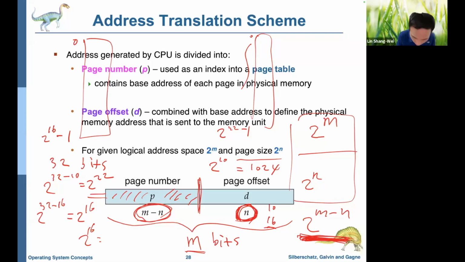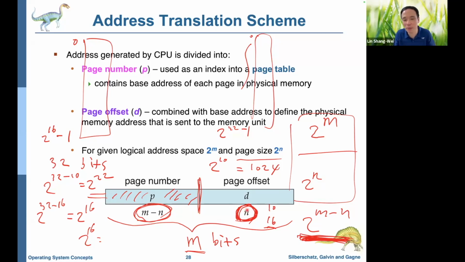Okay, you have this number of pages in your page table. You can compare these two numbers. This is much huger than this, right? So in this case, if you try to reduce the number of entries in your page table, you want to have a bigger page size.